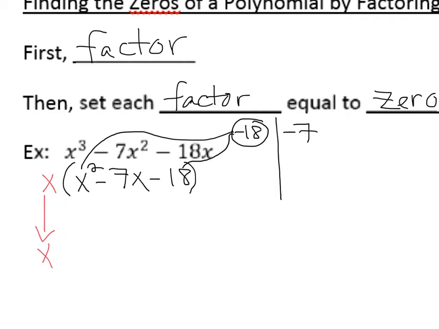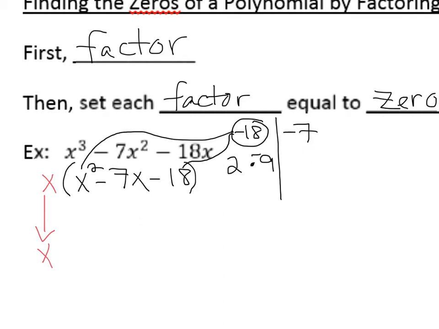So if I think about my factors of negative 18, I've got 1 and 18. Well, I can't combine that to 7. 2 and 9. Well, I can make a 7 out of that, so I have to figure out which of those numbers is positive, which is negative. Well, since it has to add up to a negative 7, that means the 9 has to be negative.